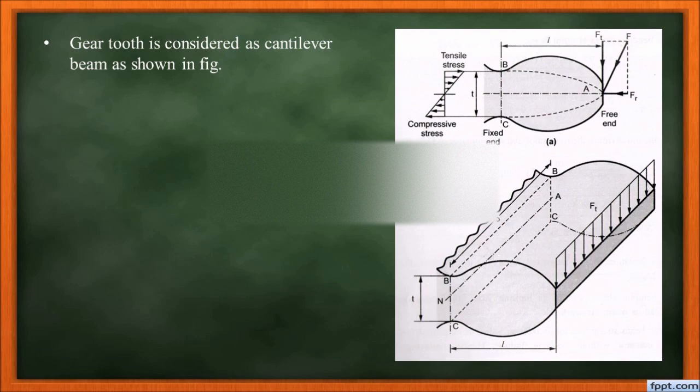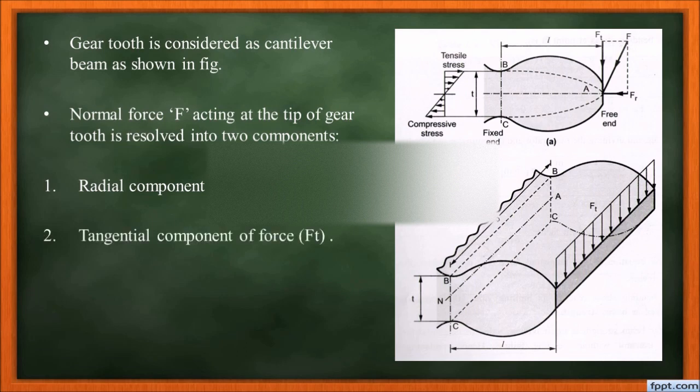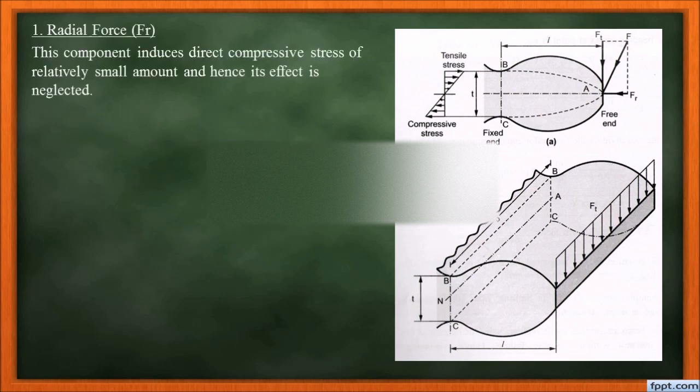Next, the figure shows the teeth of the gear, and it is to be considered that it is like a cantilever beam. Now the force F acting at the tip of gear tooth is resolved in two components, that is first radial component of force Fr, second tangential component of force Ft.